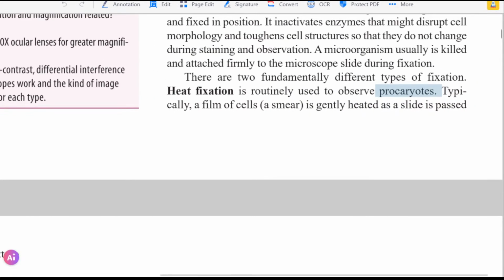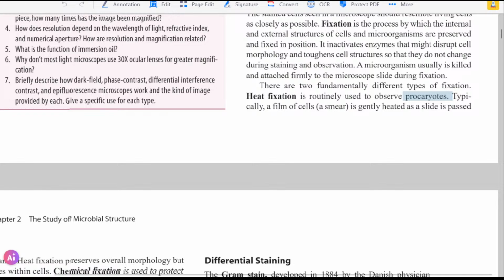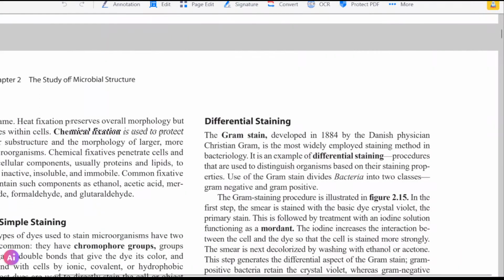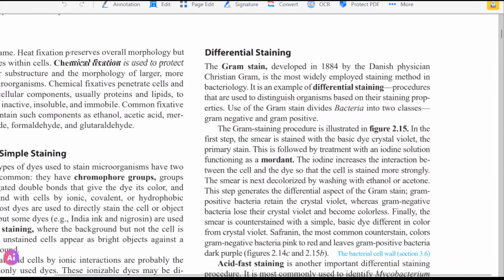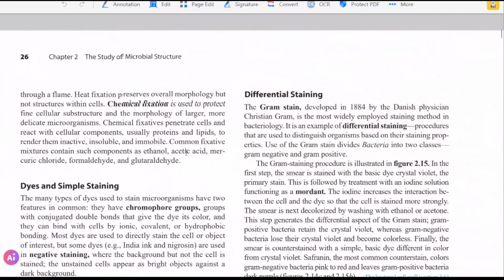So typically a film of cells, a smear, is gently heated as the slide is passed through the flame. In heat fixation the heat shouldn't be that strong, so it doesn't harm the cell's internal structure as much, so it should be passed gently through the flame.